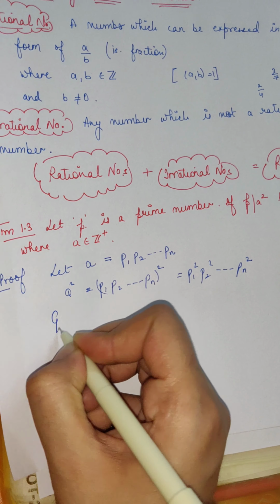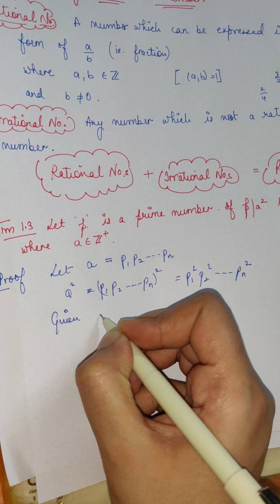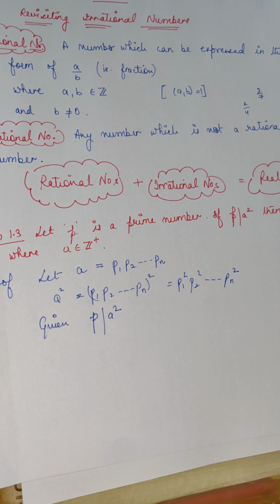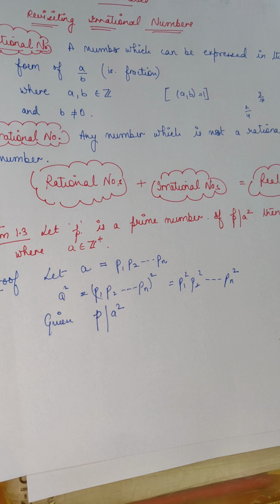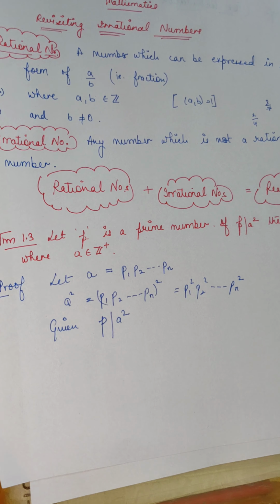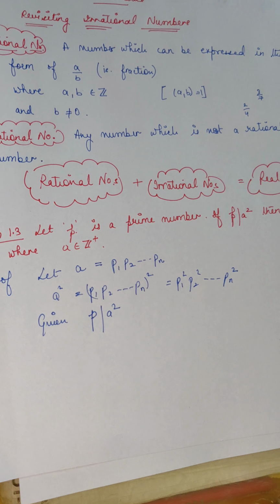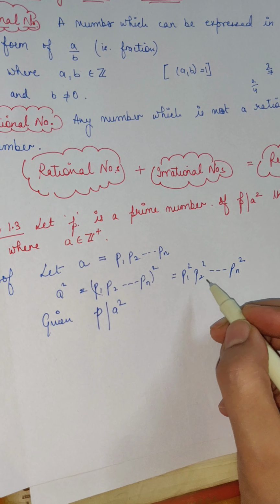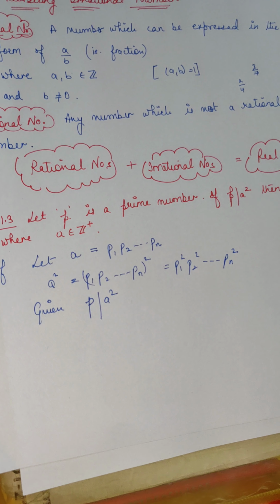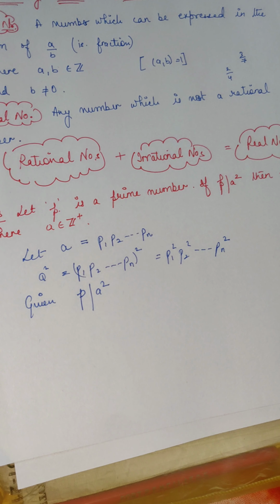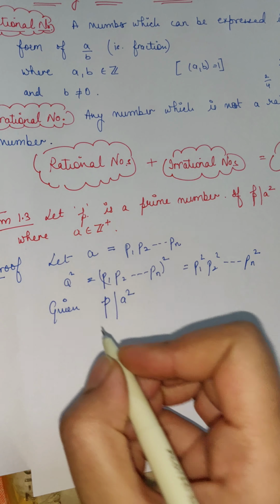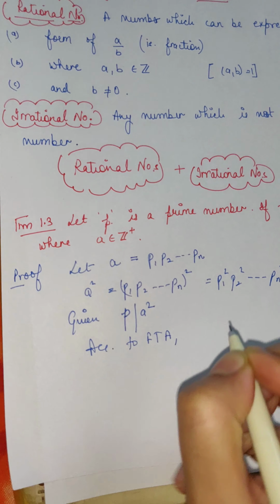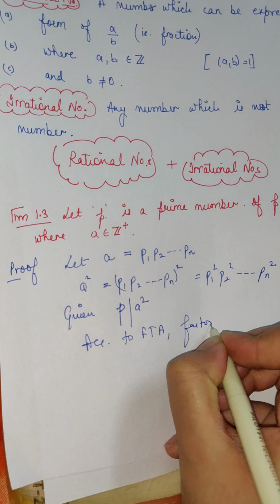Now it is given that p divides a square, right? If p divides a square, that means p is one of the factors of a square. That means among the factors of a square, p1 square, p2 square, pn square, one of them is p, right? Because factorization is unique according to the fundamental theorem of arithmetic.